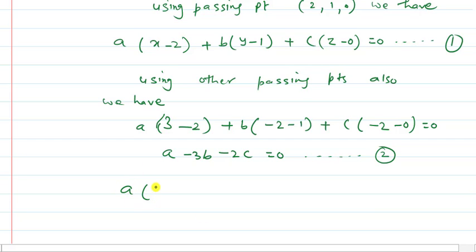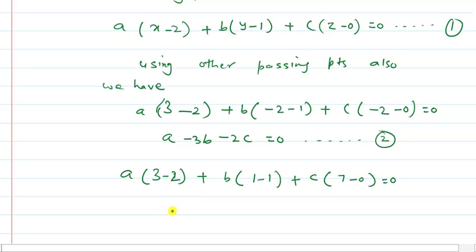So a into 3 - 2 plus b into 1 - 1 plus c into 7 - 0 is equal to 0. Solving this, we are getting a + 0b + 7c = 0. And let us name this equation as equation number 3.